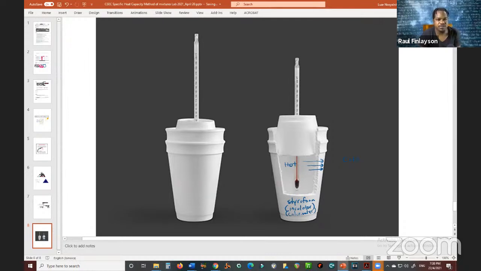As Giovanni was saying, there are different layers in the material, and the calorimeter is like a styrofoam cup on steroids.